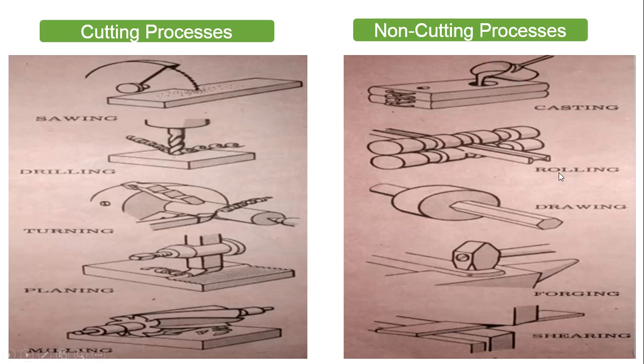Then rolling, we are manufacturing the bars with the help of rolling. Then wire drawing, we are manufacturing the wires with drawing. Forging operation, we can produce any shape of component with the help of forging. Then shearing is just the cutting operation. So we have two types of process, cutting process and non-cutting process.